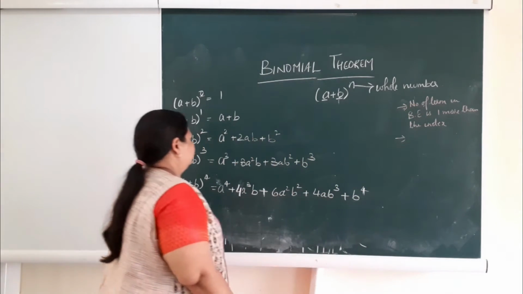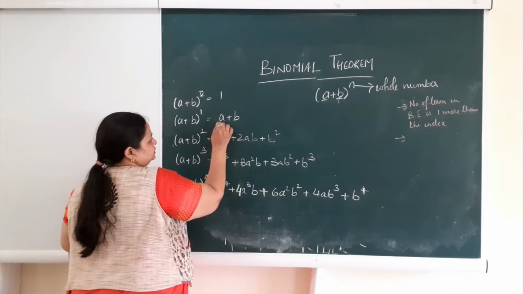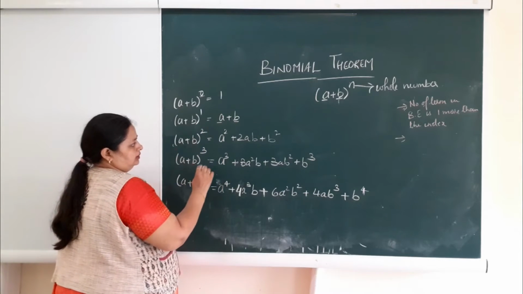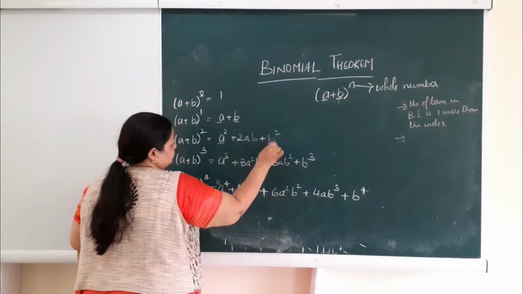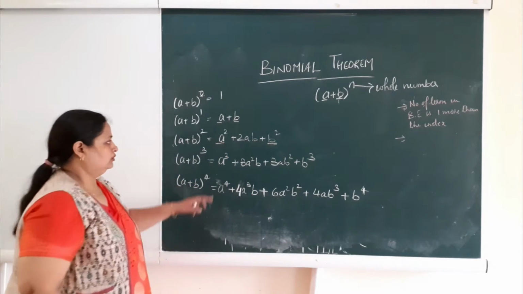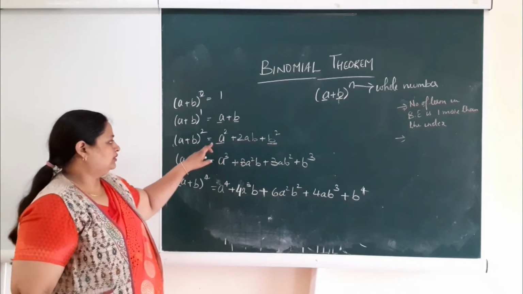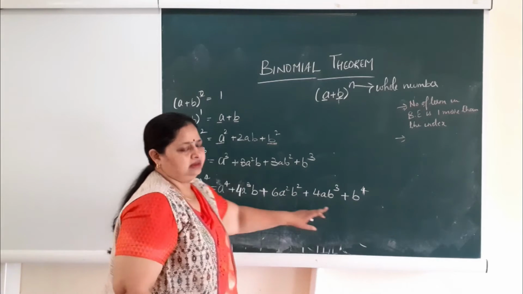Now next, if you observe the coefficients of the end terms, leave this one because only 2 terms are there. Look here. The coefficients of the end terms are the same. Here also, and here also you can observe.